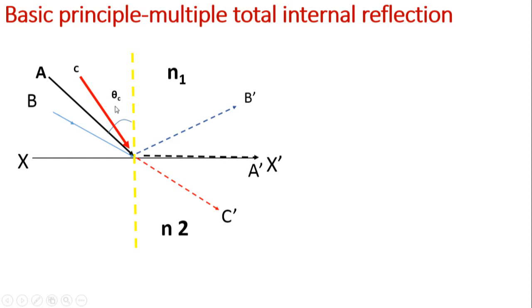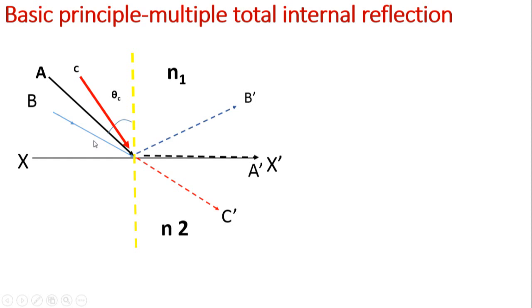So you can see that for a certain angle, the refracted ray is transmitted through medium 2. If you increase the angle, the refracted angle also increases until the ray just grazes along the interface. That particular angle of incidence is called theta C, when the angle of refraction becomes 90 degrees.